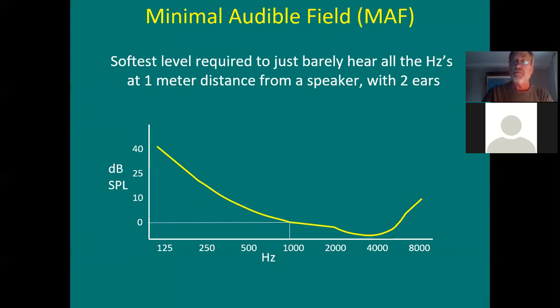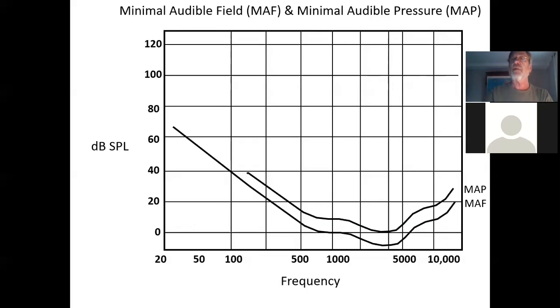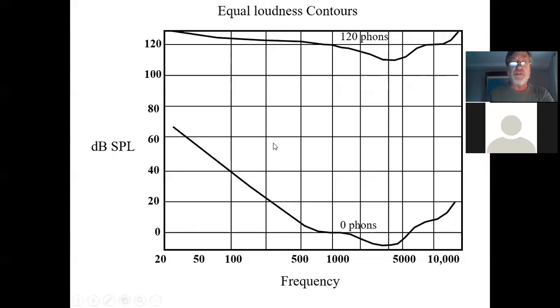Chapter 3, MAP, same game, but with 1 ear under a headphone. Chapter 4, let's call MAP 0 dBHL. And then today we carried on from that, and we talked about equal loudness contours, the phon being the unit for loudness, and the mel being the unit for pitch.